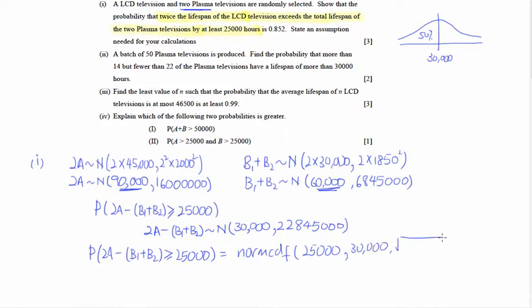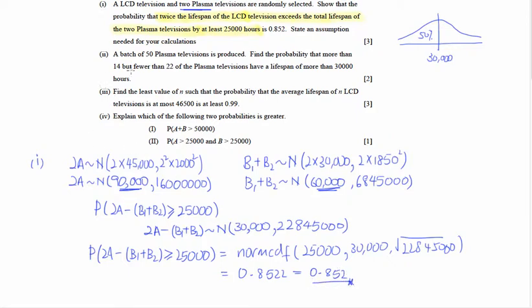Please remember the square root so that you get the standard deviation into your GC rather than the variance. And if all things are alright, we will get the answer of 0.8522, which if we round off to 3 SF, that would be what they want us to show, which is 0.852. Okay, here you go.